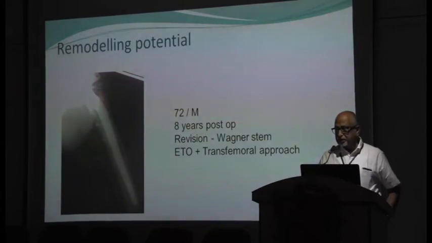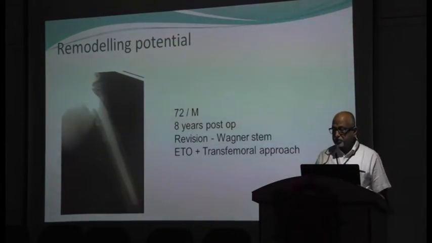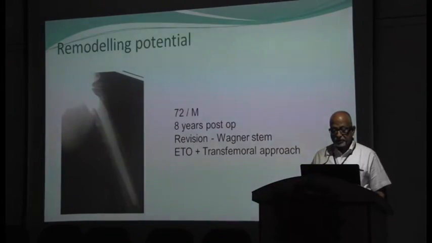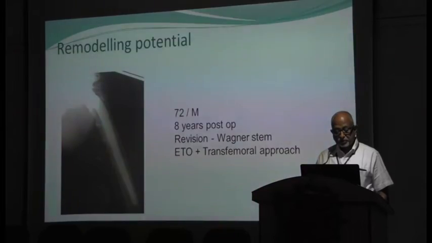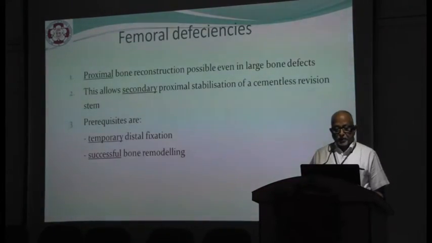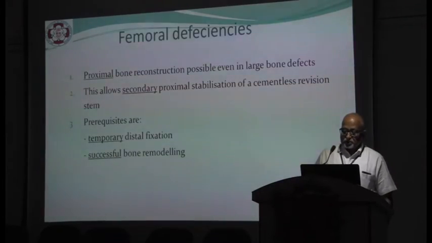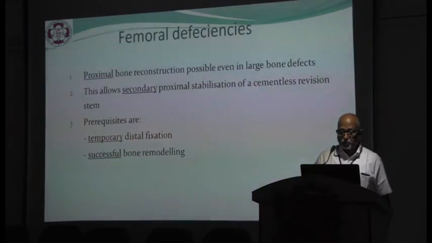This is just to show a Wagner stem which was put into a 72-year-old male, 8 years after surgery, with an ETO and a transfemoral approach. It has united very well and has given a stable prosthesis. Proximal bone reconstruction may not be possible all the time, even in large bone defects.